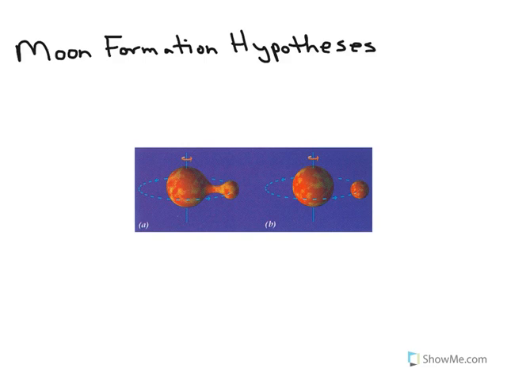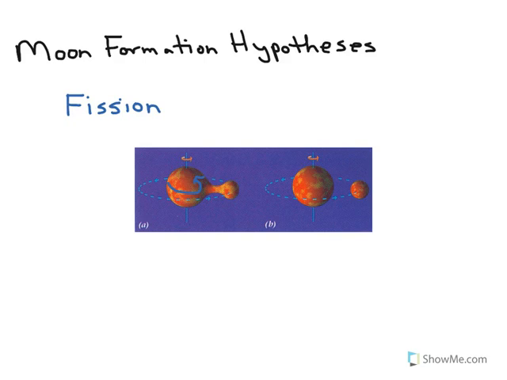Early in the 20th century, the first main idea for the moon's formation is called fission. And the picture illustrates the idea behind fission. Here we have the forming Earth, and it's rotating on its axis. And at this stage, Earth is still molten.